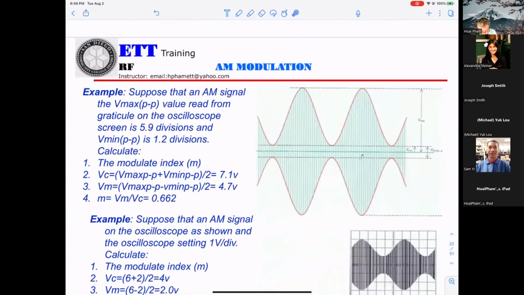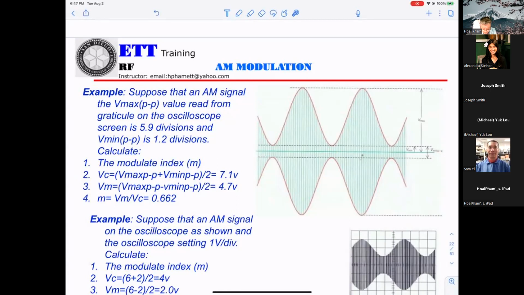So you get 5.9 divisions, that means from here to here is 5.9, and the minimum is 1.2. So the modulation index is 5.9 minus 1.2, divided by 5.9 plus 1.2.